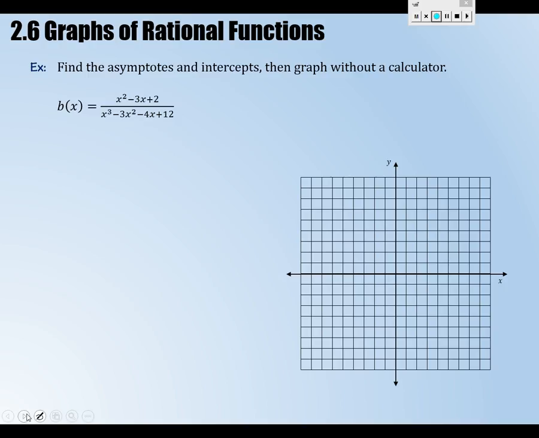Wait, so what are the factors? x, 3 and negative. I know, right?